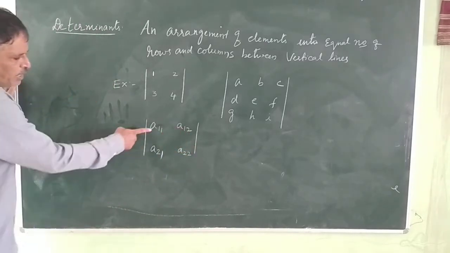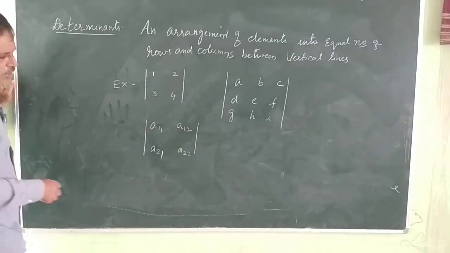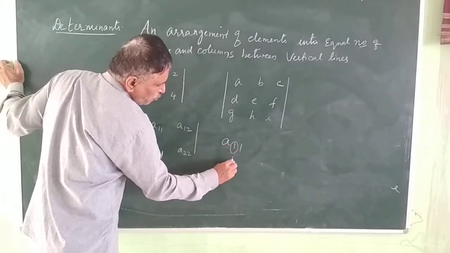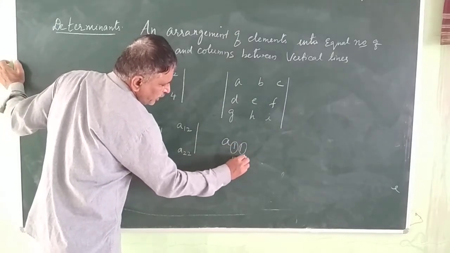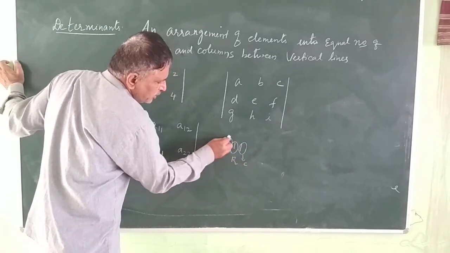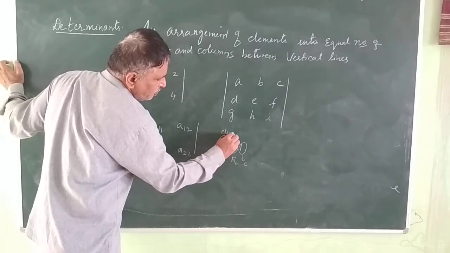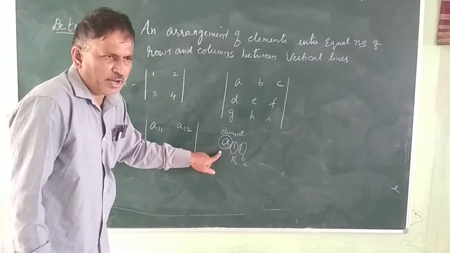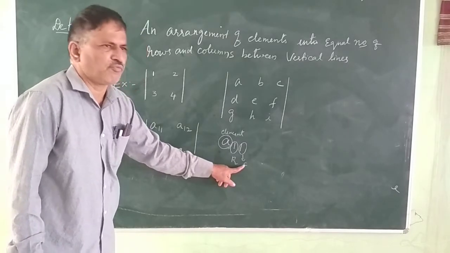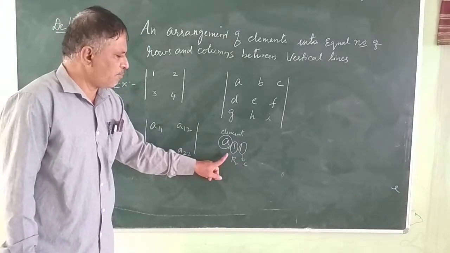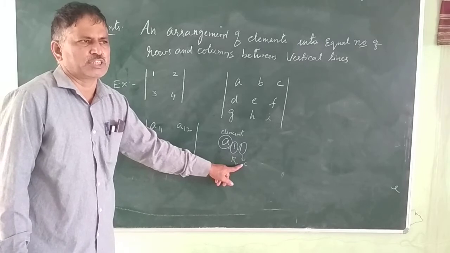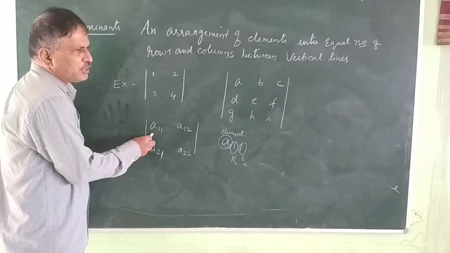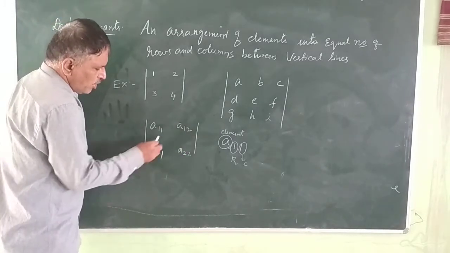A11 means the first index represents the row and the second represents the column, so this represents an element: the element which is present in first row and first column, that is nothing but A11.